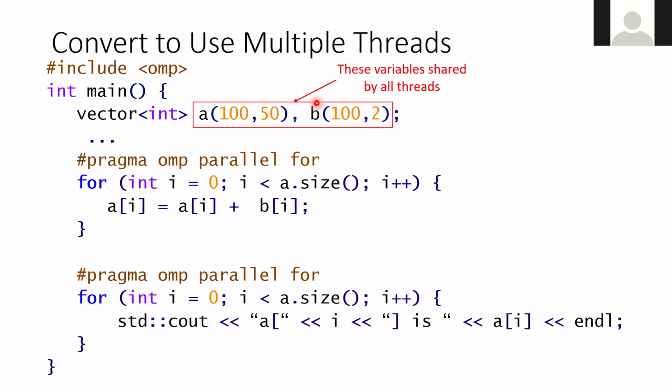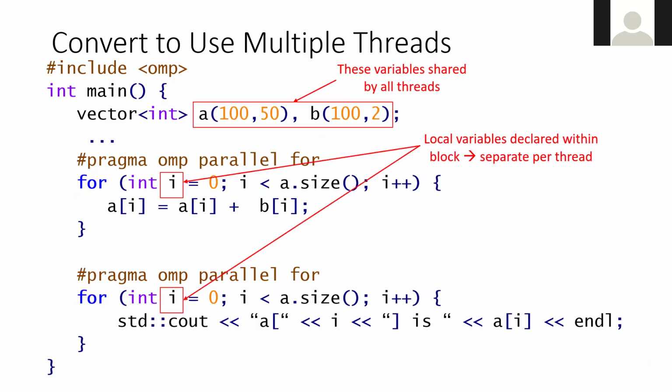They're still treated as global variables. Local variables declared inside the for loop are separate per thread. These are on separate stacks owned by each of the threads.